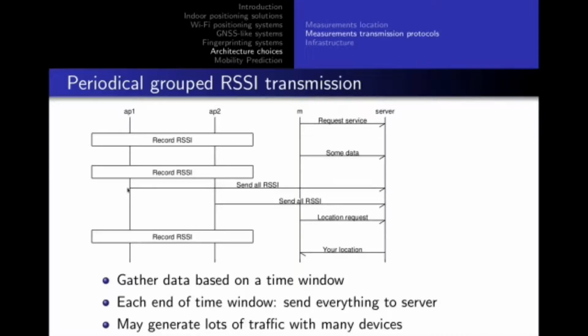Then after a time, they pack everything in a request to the server, and they send that to the server. And when the device makes a location request, which is recorded by the access points, the server uses all those data to respond to the mobile with its location. So the problem is that it will generate a lot of traffic with many devices if only a part of them want to be located.